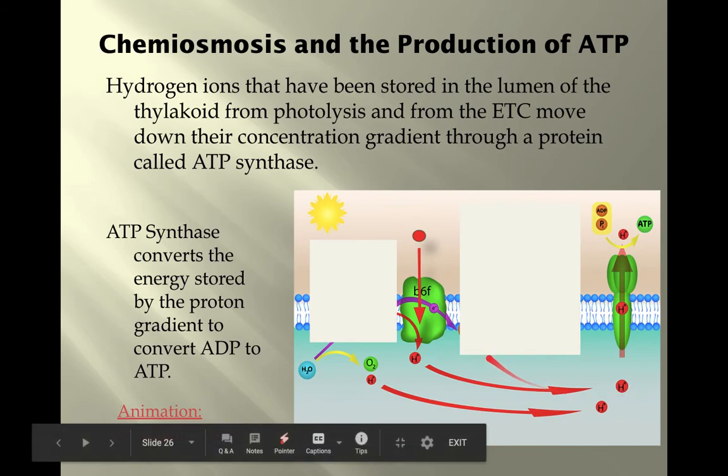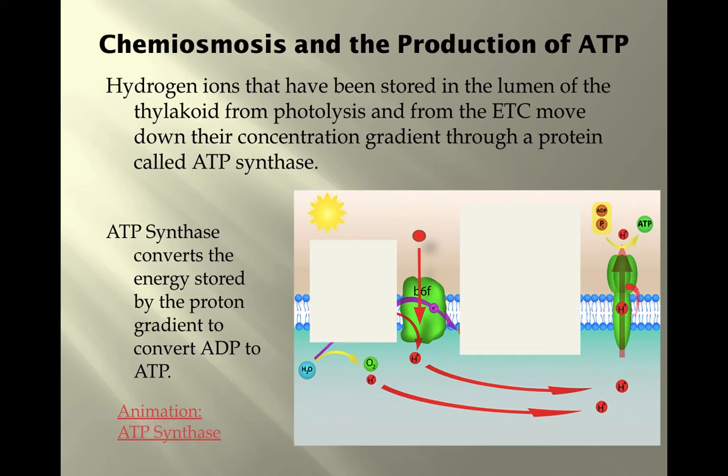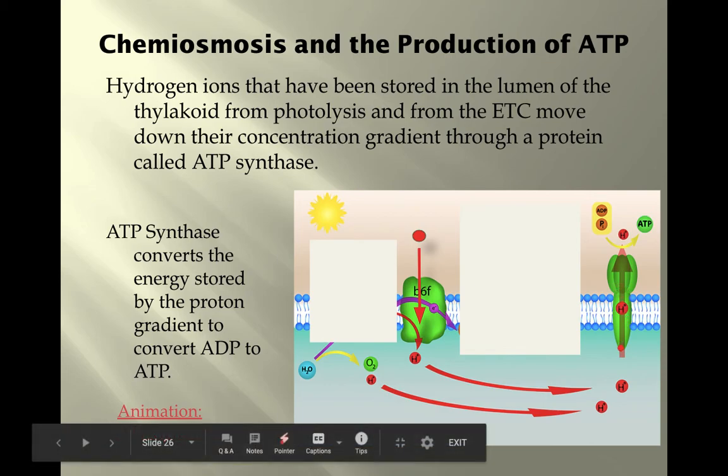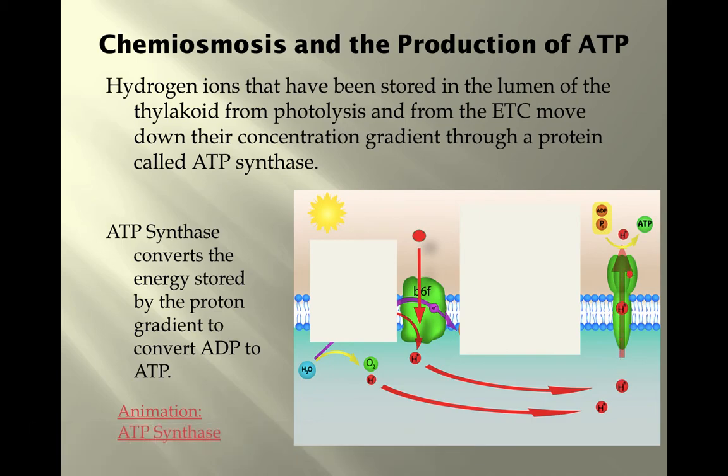Now, the energy of this is like a dam. Imagine a hydroelectric dam. It's damming protons, and those protons are going to want to go through the dam. This ATP synthase is like a turbine. In a hydroelectric dam, the water is held back and then it's released. The potential energy of water is released through turbines to create electricity.